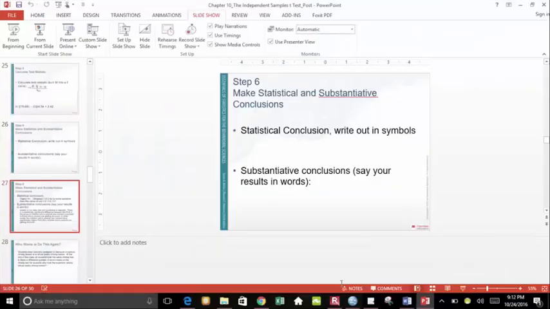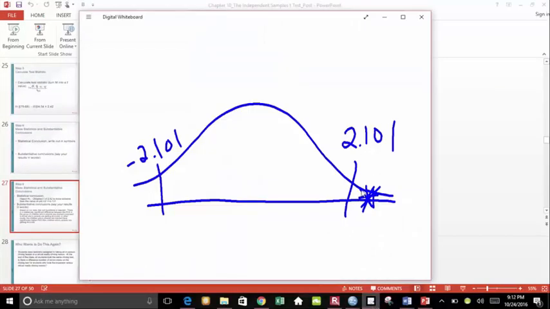You could also go back to your chart here, and you see that you've got a very high score, so we're saying that the married parents' score is higher than the children whose parents are getting divorced.